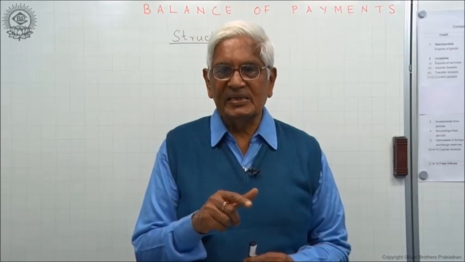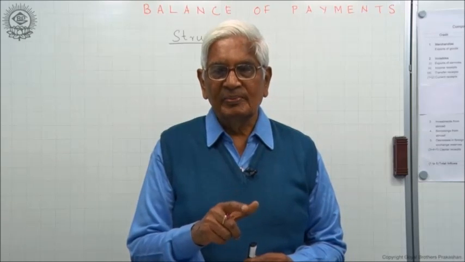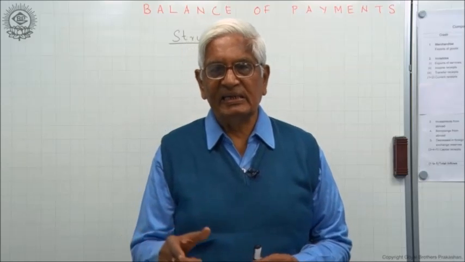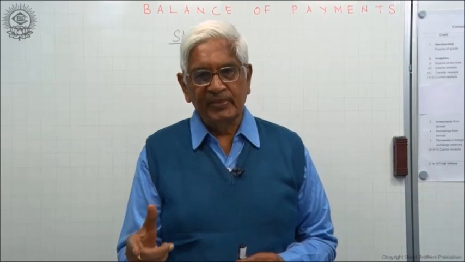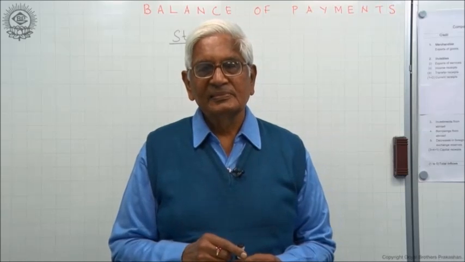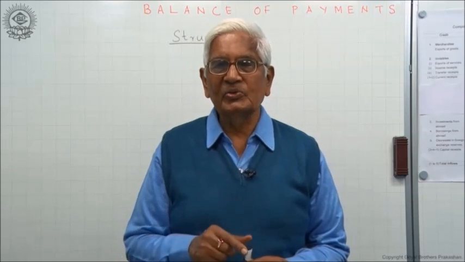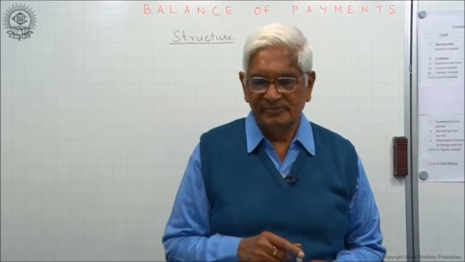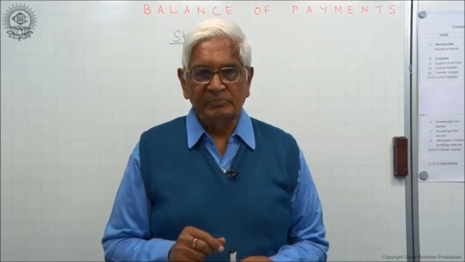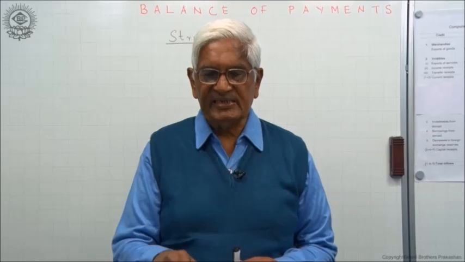So balance here means inflow minus outflow. If inflow is higher than outflow, then it is called surplus. If inflow is less than outflow, it is called deficit. So we will use the word deficit and surplus when we explain these accounts.